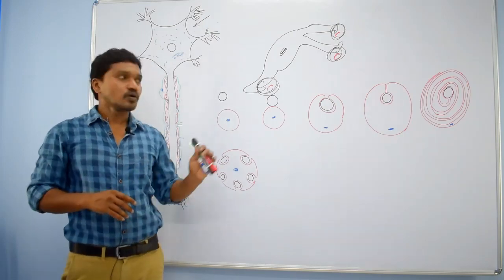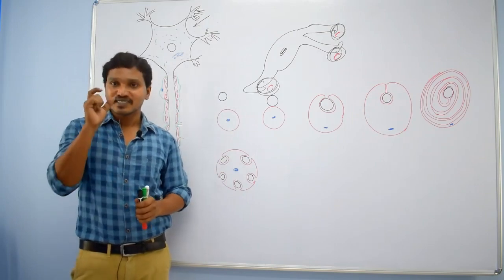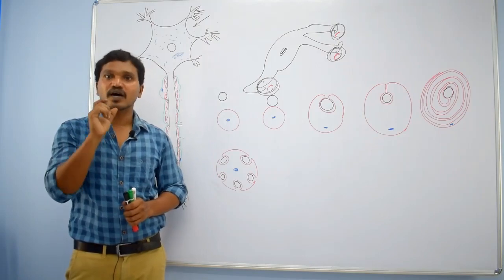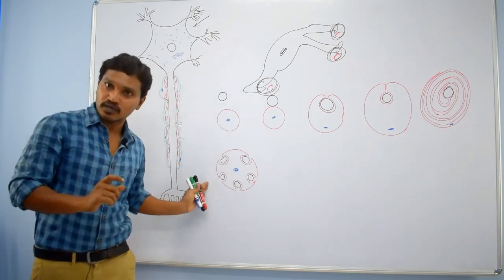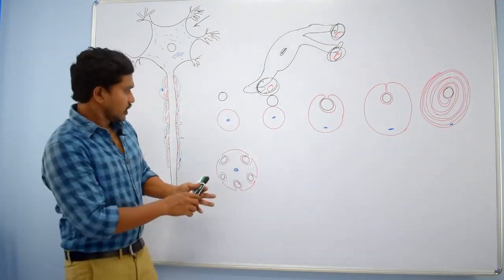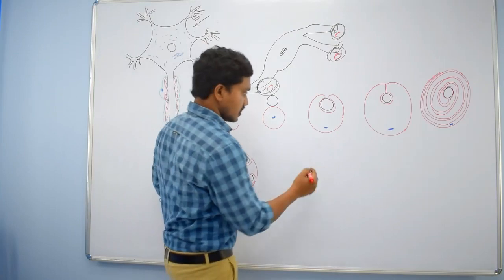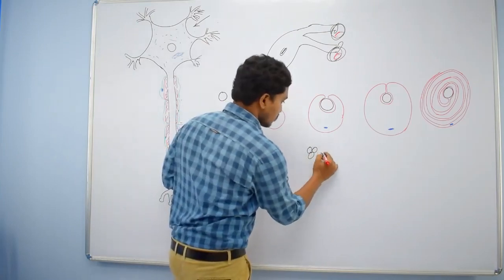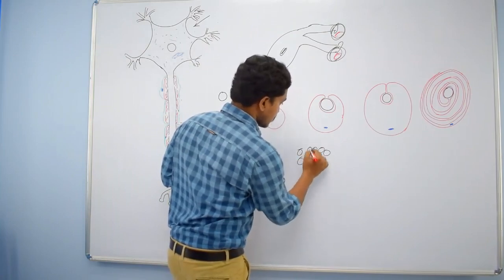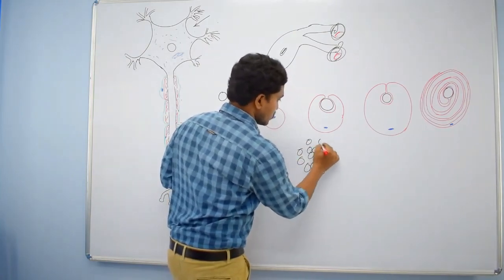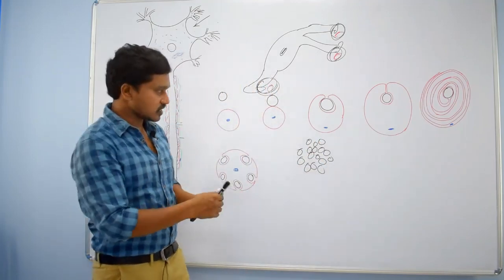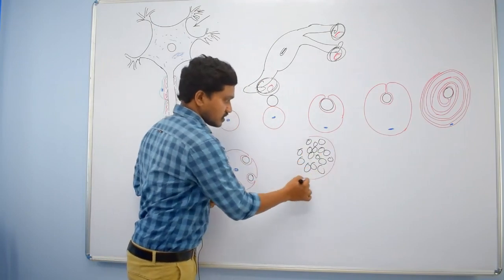Then we will discuss what is tract, what is nerve, what is ganglion and what is nuclei, right? So here, if there is a collection of cell bodies, imagine these are neuronal cell bodies. These neuronal cell bodies are collected at one place.